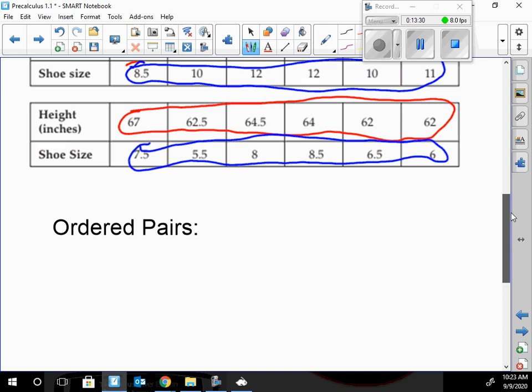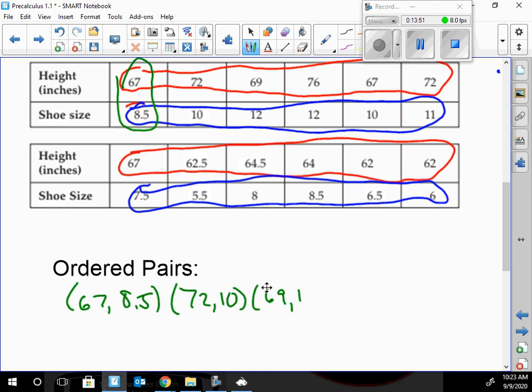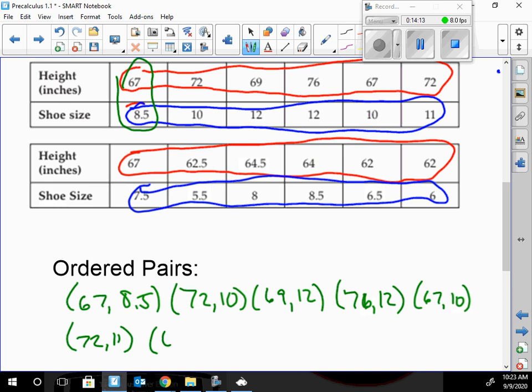Our ordered pairs are the relationship between the two. So 67 and 8.5. 67 would come first because that's the x. Then 72 and 10, 69 and 12, 76 and 12, 67 and 10, 72 and 11, and so on and so forth.